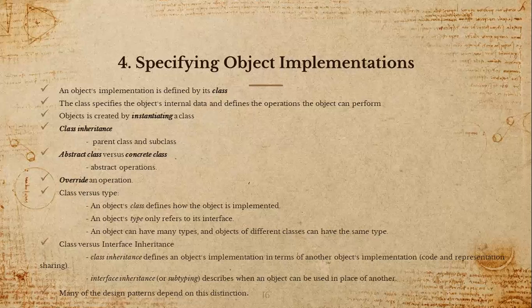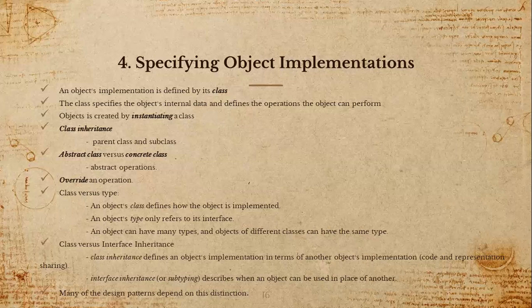An abstract class is one whose main purpose is to define a common interface for its subclasses. An abstract class will defer some or all of its implementation to operations defined in subclasses. Hence, an abstract class cannot be instantiated.